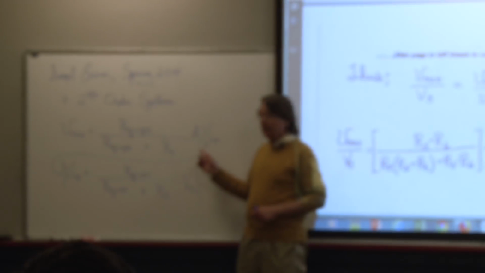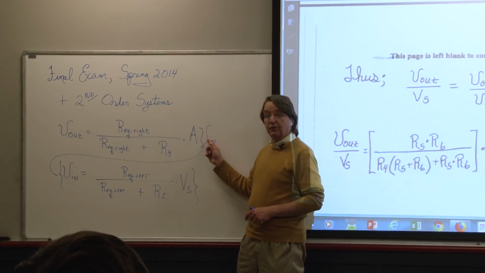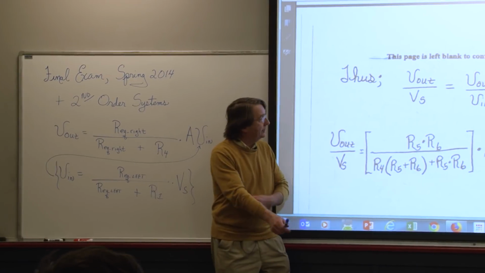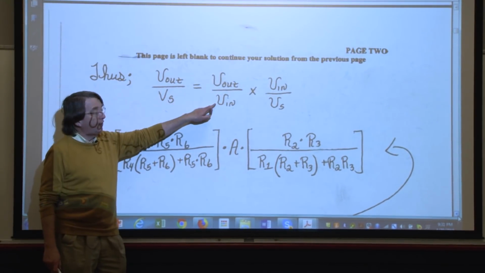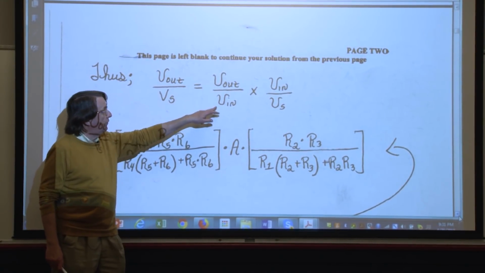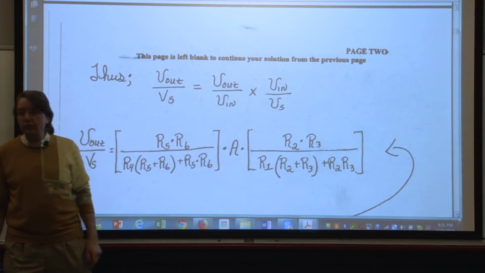Either way is fine. I can say I have V out over V in times V in over Vs, and I get V out over Vs.